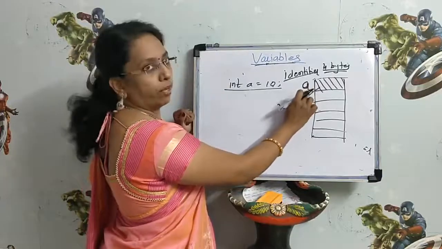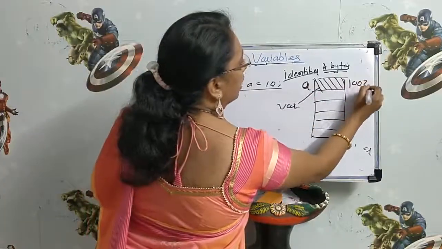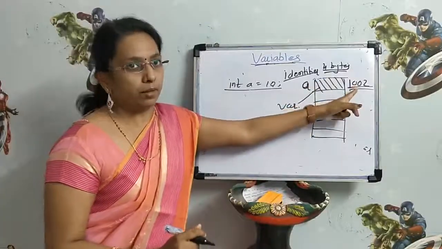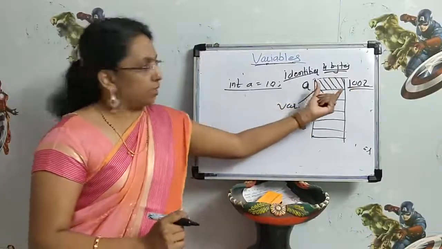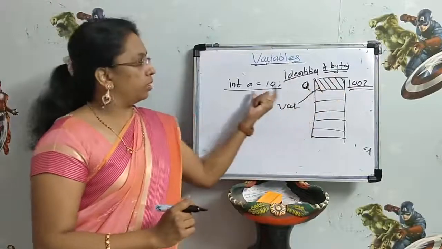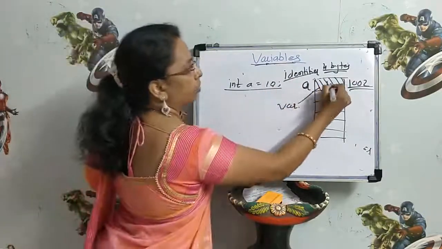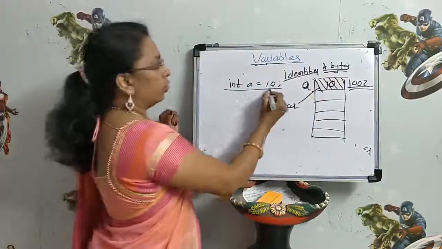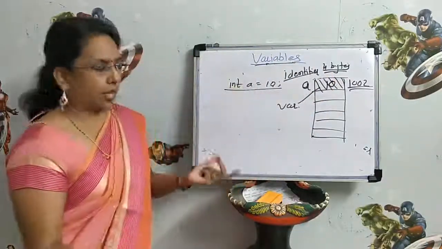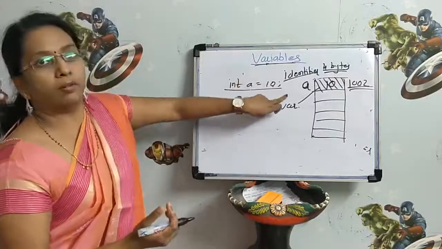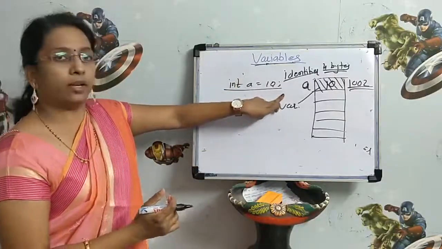So A is a variable here, which will be stored at, let's say, some particular address 1002. At this particular address, this is the storage space allocated to this variable, named A, where I can store the value 10. So in general we say A is a variable of type integer having value 10. Okay, is it clear? Hope it's clear.